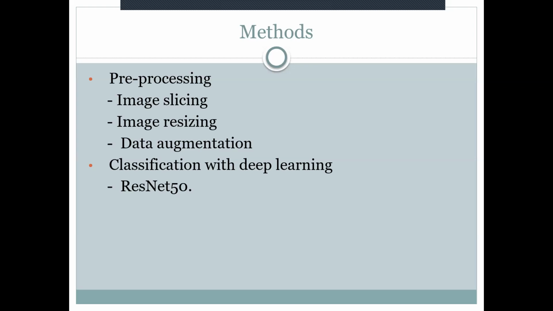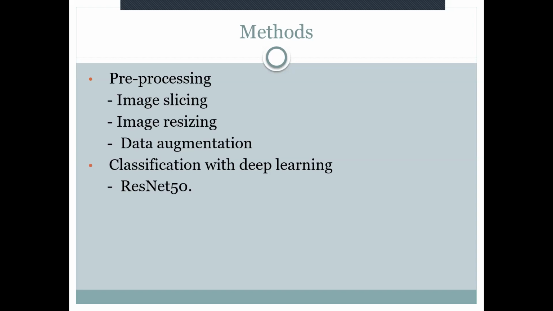We sliced the images using a software called 3D Slicer. This software helped us to slice images into the upper, the middle and the lower lung slices. After slicing these images, we further processed the images using image resizing.